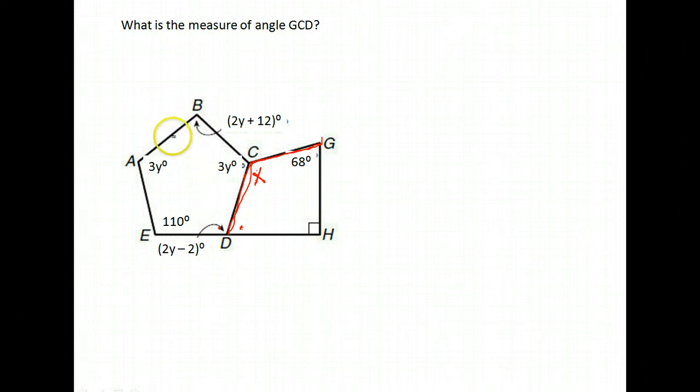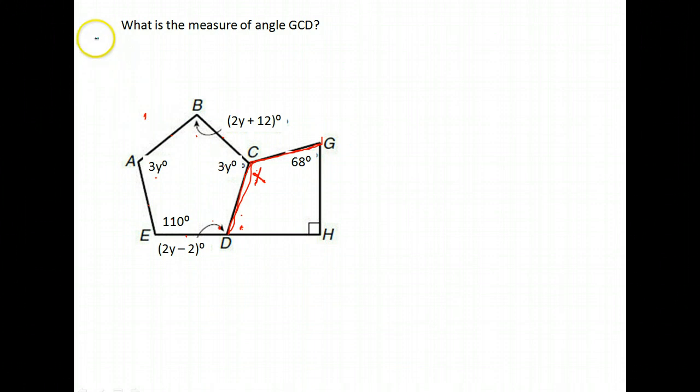We notice that we have over here a 1, 2, 3, 4, 5-sided figure, so a pentagon. And I know all of the angles inside that pentagon, just some of them have y's in them. Well, what should the sum of those angles be?